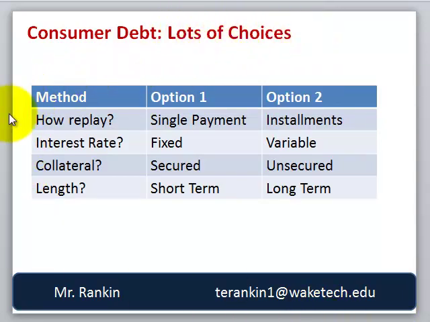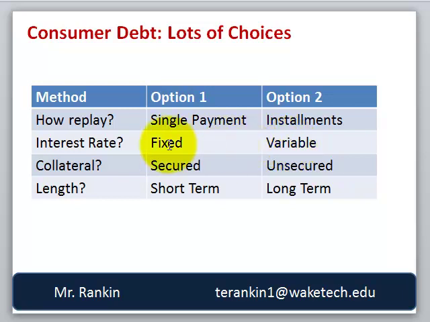They're basically centered around how you'll repay the loan, what kind of interest rate you'll pay, is there any collateral, and what is the length of the loan. So you can repay one lump sum payment, or you can repay in monthly installments. The interest rate may be a fixed rate, generally with a 5% over the entire course of the loan, or it could be a variable rate. A rate that changes every month, usually tied to an index like the prime rate plus a percent or something like that.